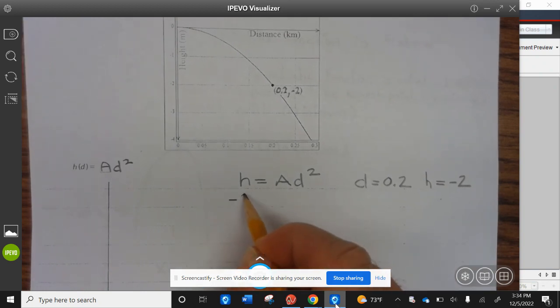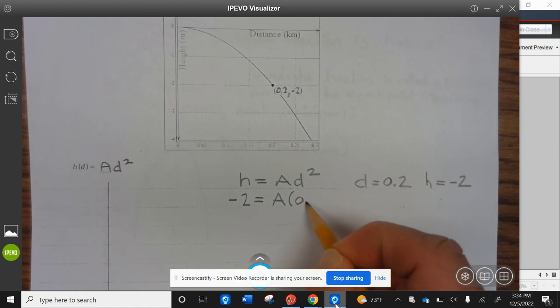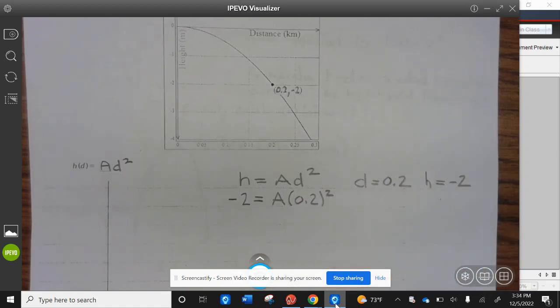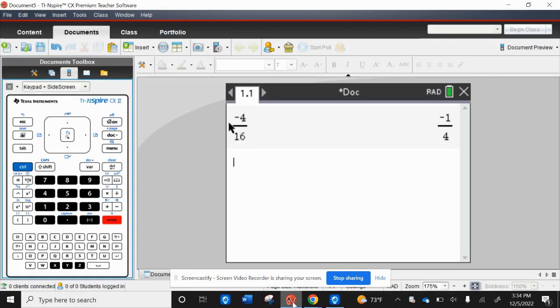So that's -2 equals a times d, which is 0.2 squared. So then that's -2 equals, let's use our calculator to see what 0.2 squared is. So 0.2 squared is 0.04.